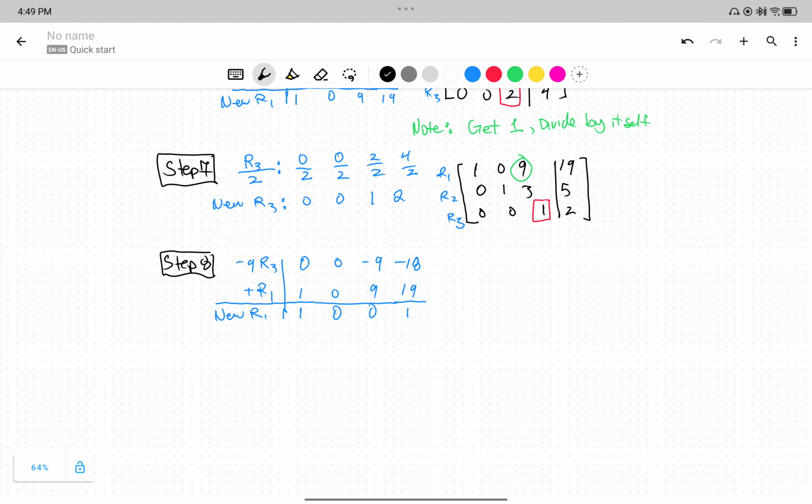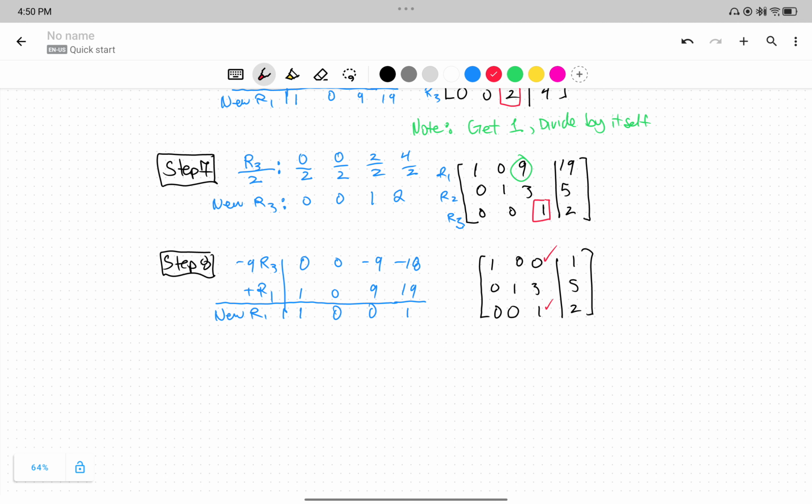So if we put everything together: 1, 0, 0, and then you get a 1, and then 0, 1, 3, and 5, 0, 0, 1, and 2. Progress check. We're good here.